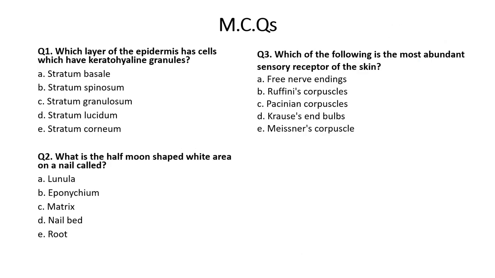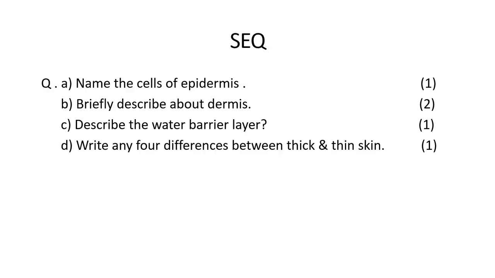This is your assignment. You have to attempt all 3 MCQs. Then there is an SCQ: name the cells of the epidermis, describe the dermis, describe the water barrier layer, and then you have to write any 4 differences between thick and thin skin.